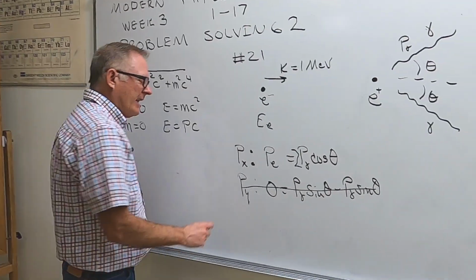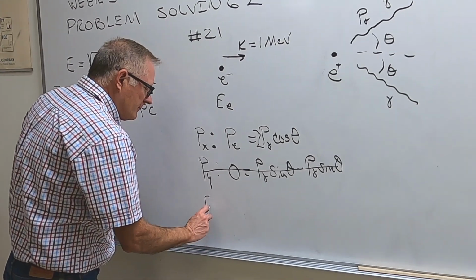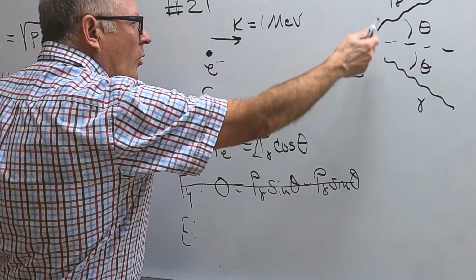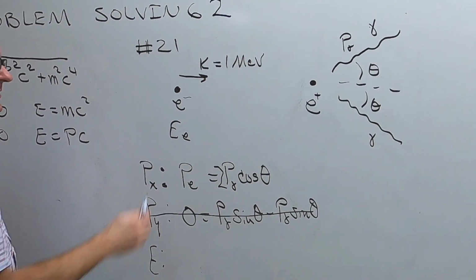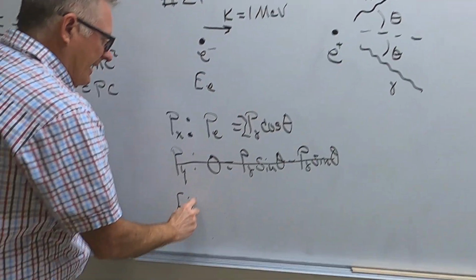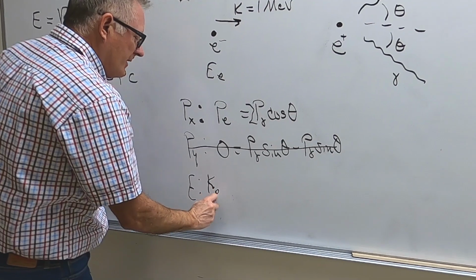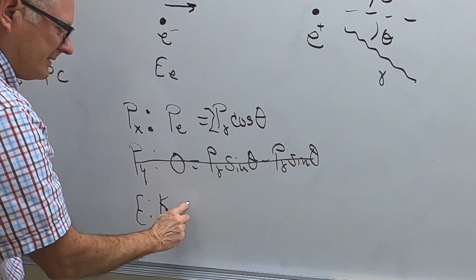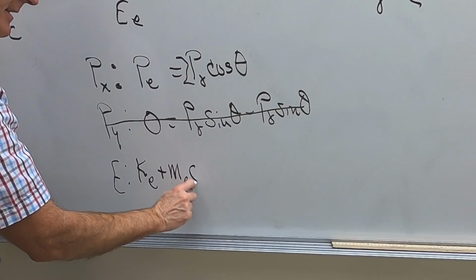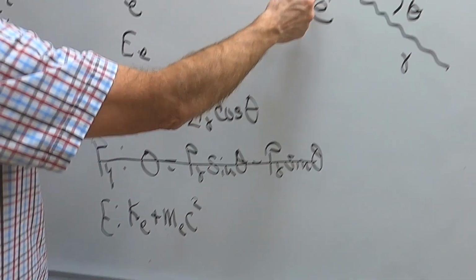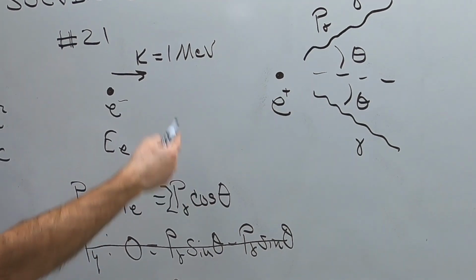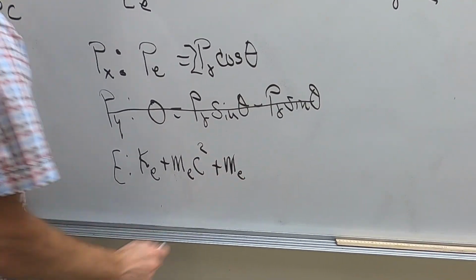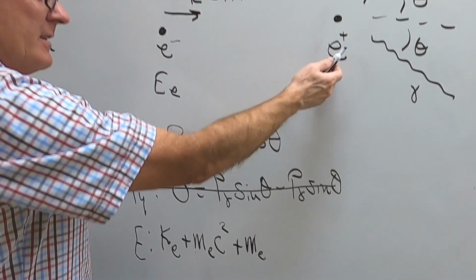Then we also have an energy equation. The energy of the whole system before the collision: well, this guy has the kinetic energy of the electron, plus he's got some rest energy, m sub e c squared, plus this guy has no kinetic energy, but he does have rest energy, m c squared, since these two have the same mass.